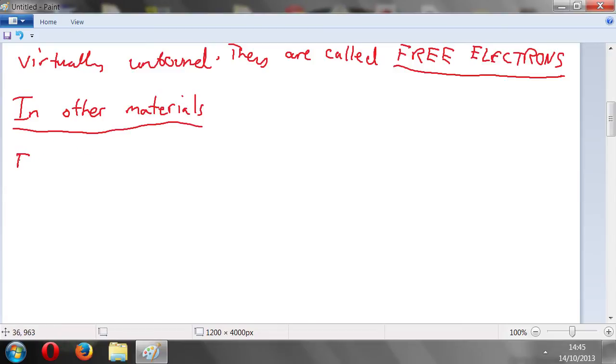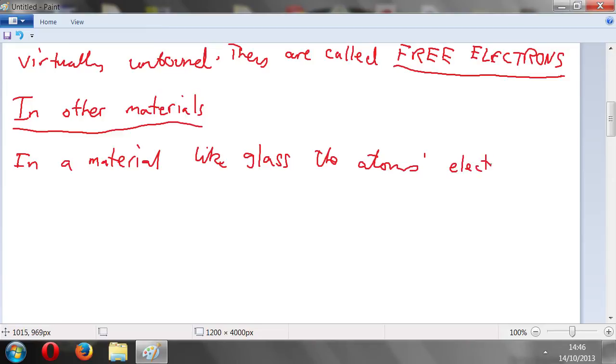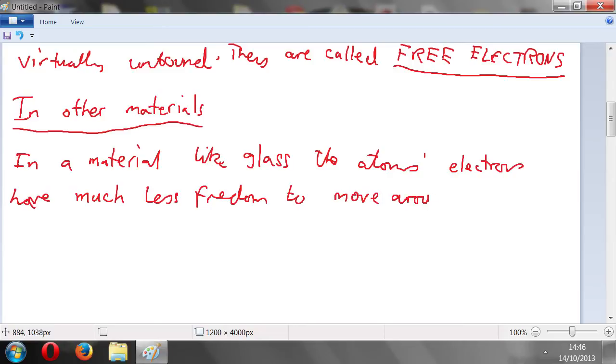In a material like glass, let's just take that as an example, the atom's electrons have much less freedom to move around. These are much more restricted.